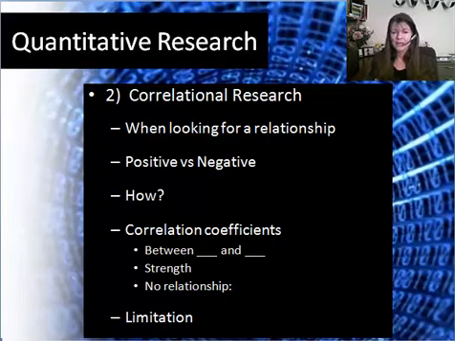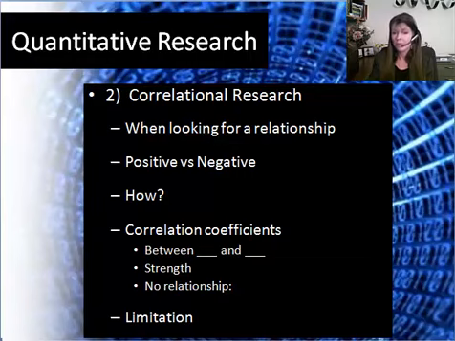And hopefully you remember that is a positive one and a negative one. So the closer to either end of that positive one or negative one ends of the scale, the stronger the relationship, right? So how would no relationship be indicated in your correlation coefficient?